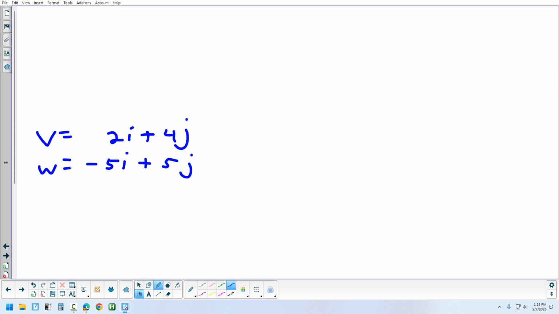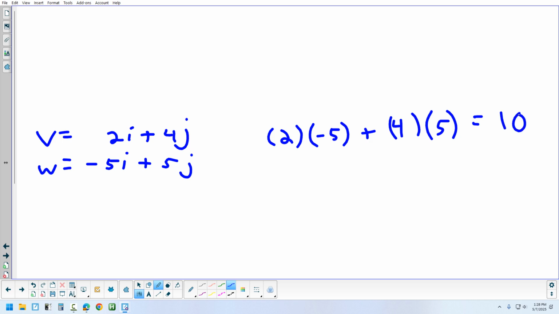Oh, wait. So you do 2i times negative 5i, just 2 and negative 5. Plus, you add 4 times 5. And that would give you a dot product of how much? 10. Yep. So that's how you do dot product in 2D.